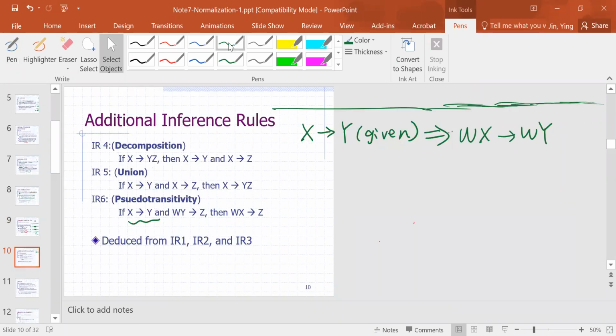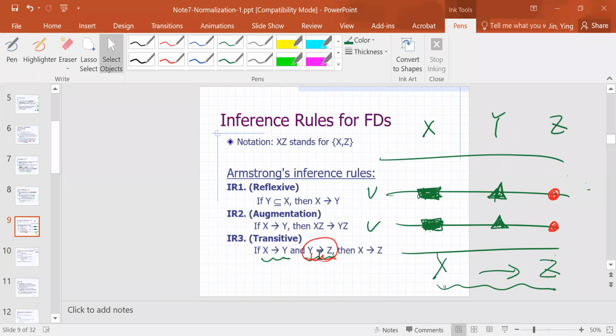IR2 tells you if I have this is true, then this one is true. You may be curious about the order, but it doesn't matter, that's a set of attributes. A set has no order, right? You can change the values into different orders.